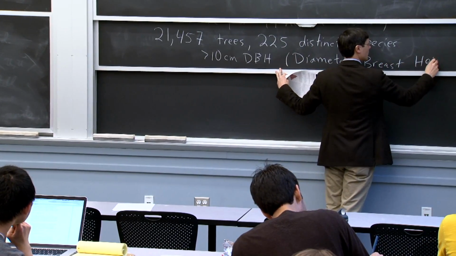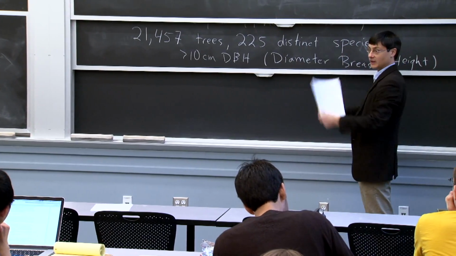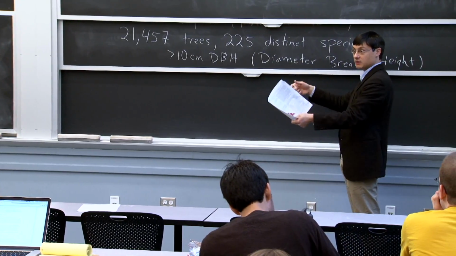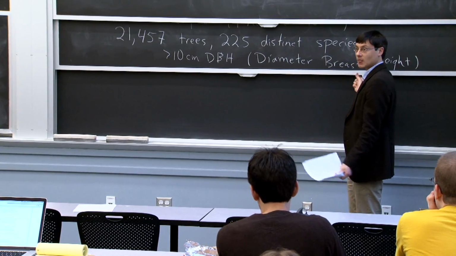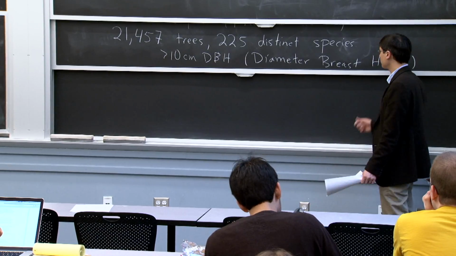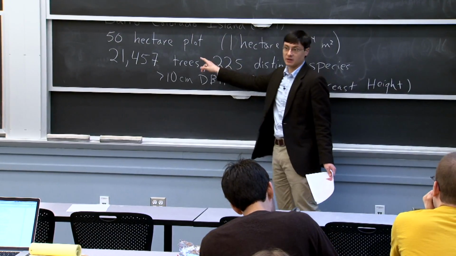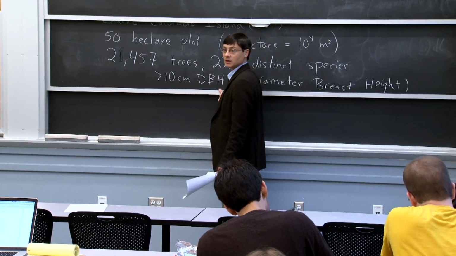So what they do is they walk up to the tree with a ruler, and if it's larger than 10 centimeters, then they count it. You need to have some threshold at the lower end, otherwise you're in trouble, right? And there were plenty of trees that satisfied this requirement.